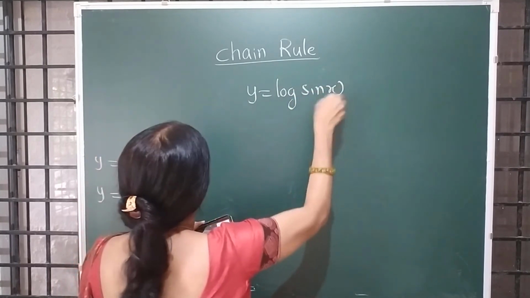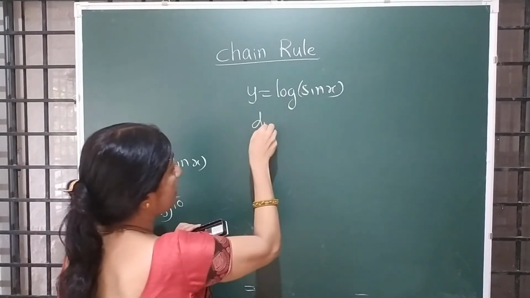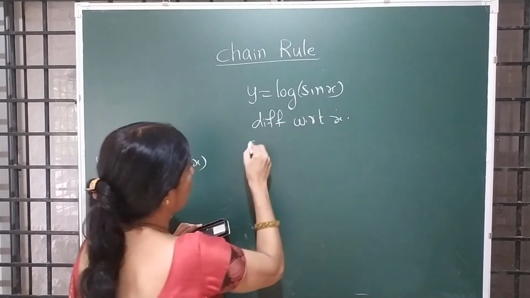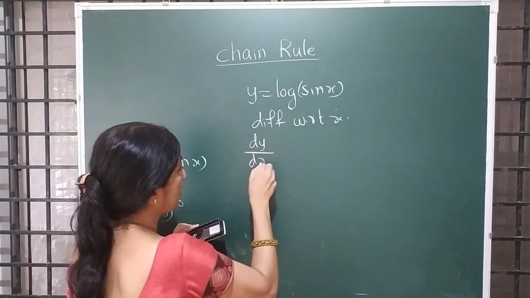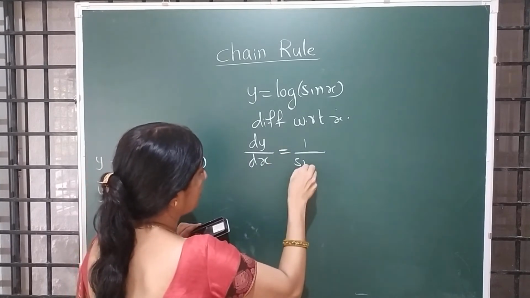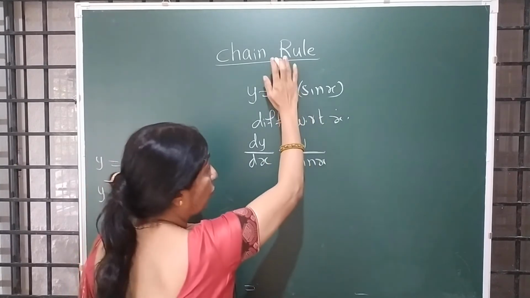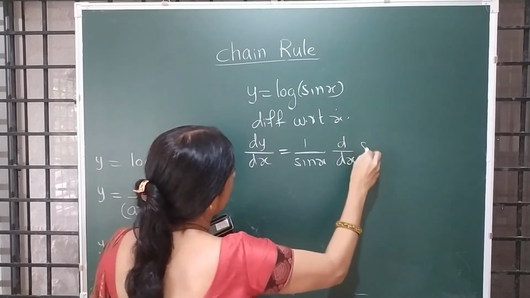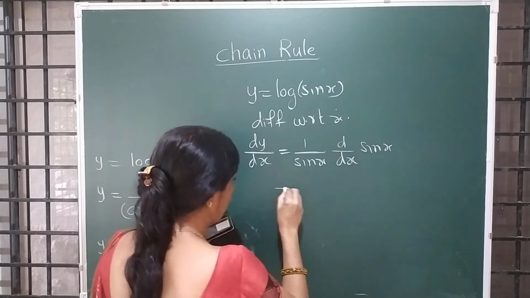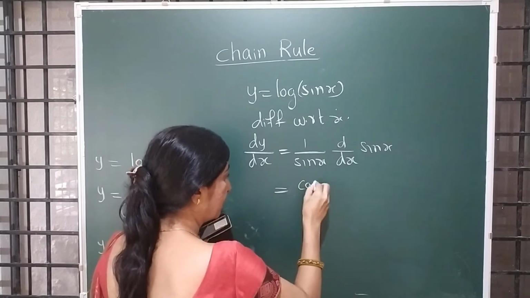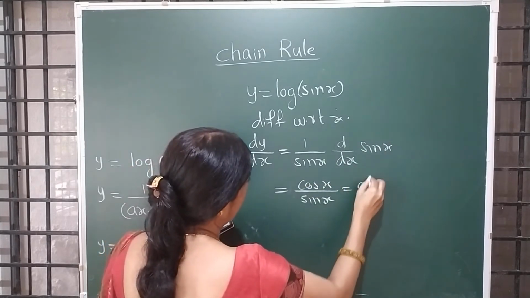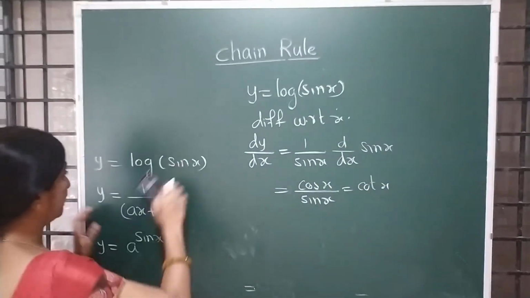That means there is no power, so directly differentiate the log. Differentiation of log means 1 by sin x, and the log is over. You know that it is not x, it is other than x, so differentiate that term. It is cos x and 1 by sin x. Cos by sin is cot x.